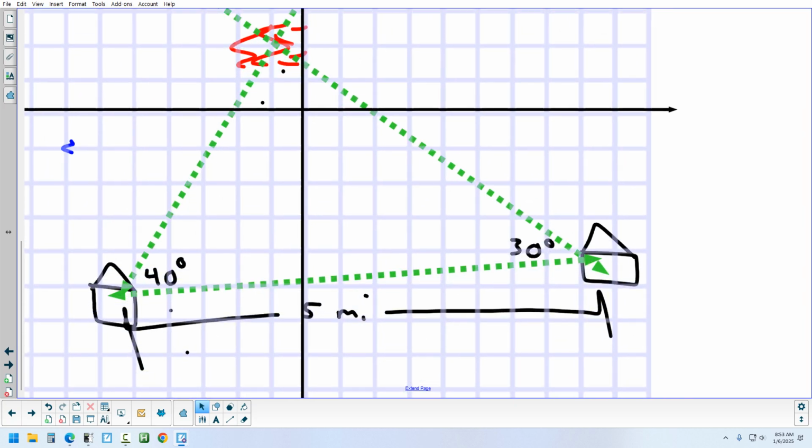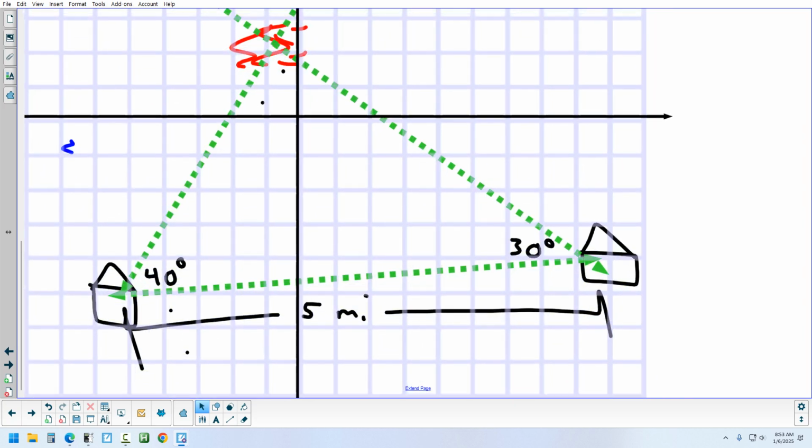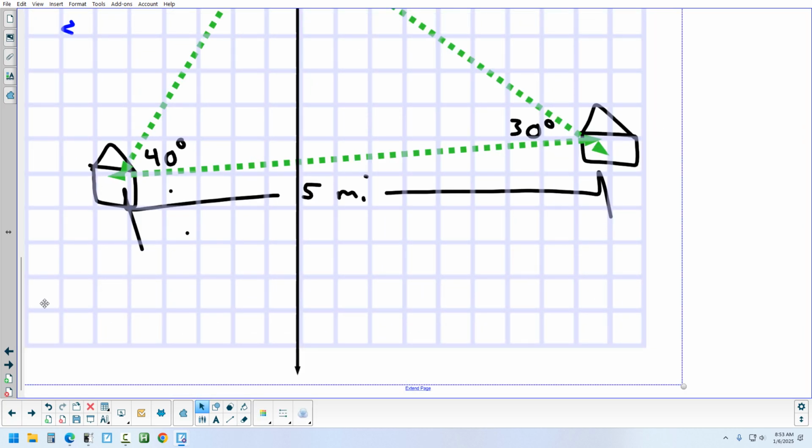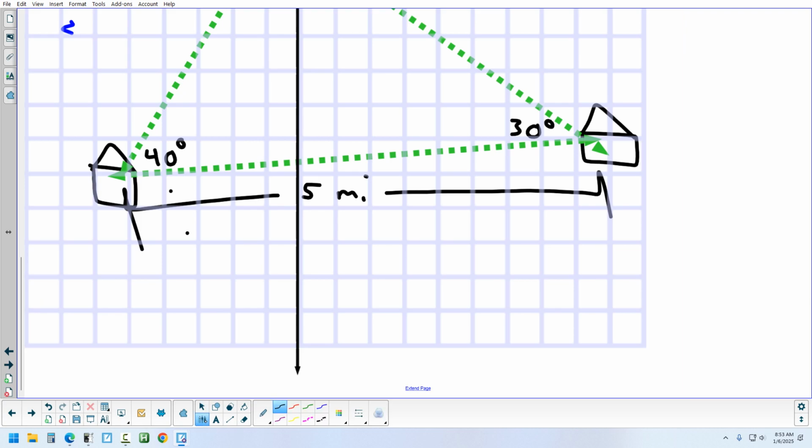Let's put one corner of that right on there. So I want to figure out how long that bottom dotted line is. The problem is it's not straight, right? If it was straight, I could just count: 1, 2, 3, 4, 5, count how many blocks. But it's kind of at an angle. So I'm trying to find the distance from here to there.